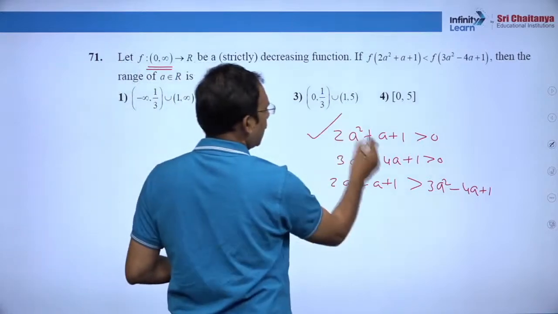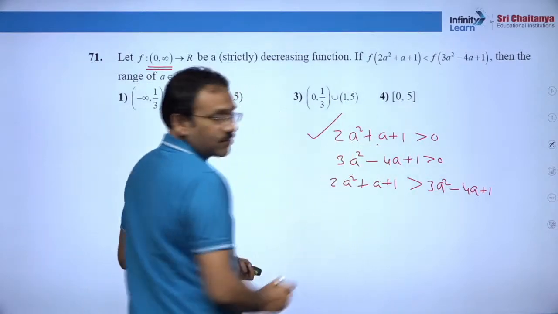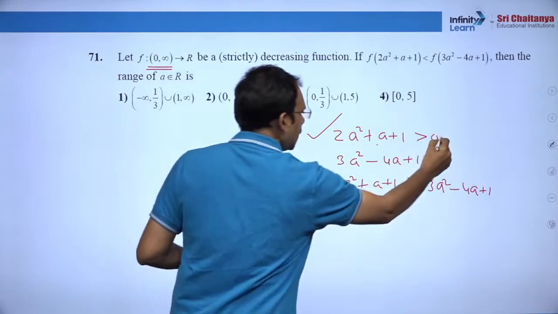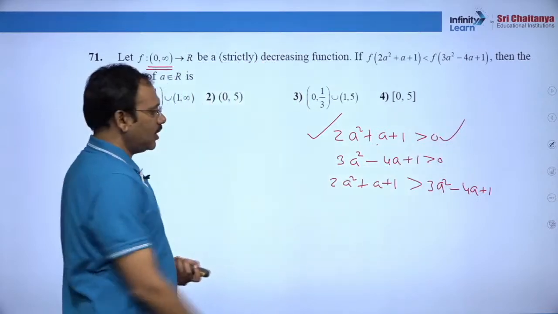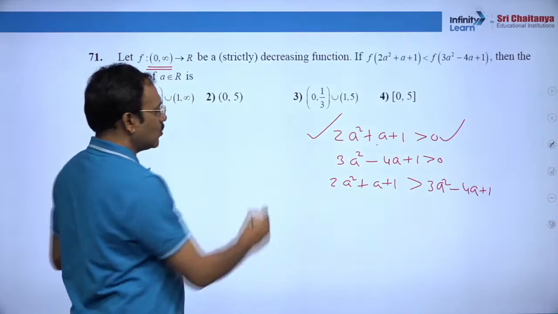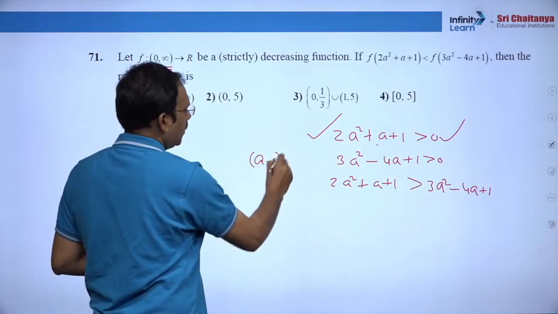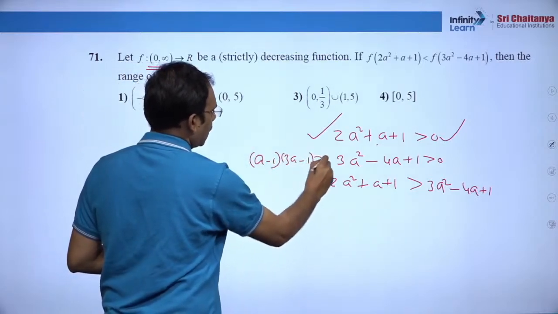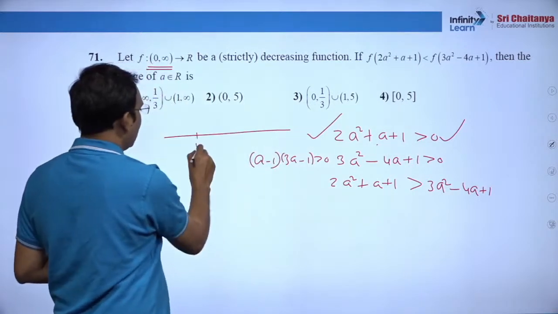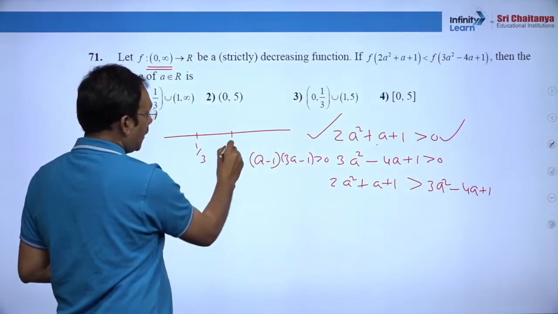This is always correct because delta is less than 0 and the x square coefficient is positive, so here it is always correct, no need to worry about it. From this you can say this is going to be a minus 1 into 3a minus 1 greater than 0. So, a must be less than 1 by 3 and greater than 1.